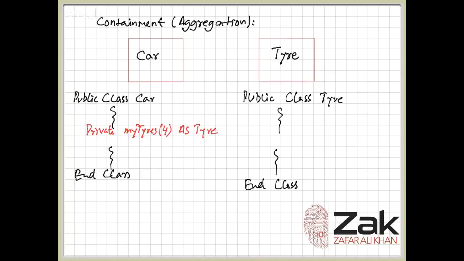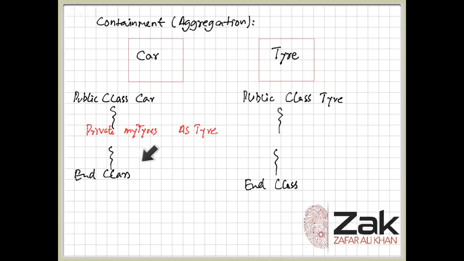Let's say if I don't have 4 tires, let's say just 1 tire, maybe it's still the same. I'm talking the same, isn't it? Means I did not inherit it. Rather, what I have done, I have used it as an object in another class.